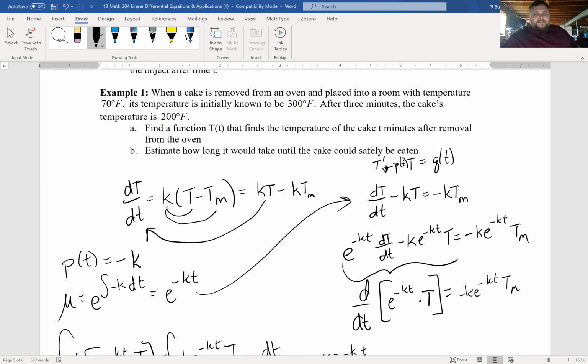So what all did they give us? Well, they told us that T sub m is 70, right? They said the room is 70 degrees. Then they said the initial temperature of the cake is 300. So the temperature at little t equals 0 is 300 degrees.